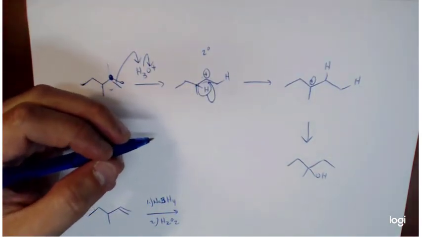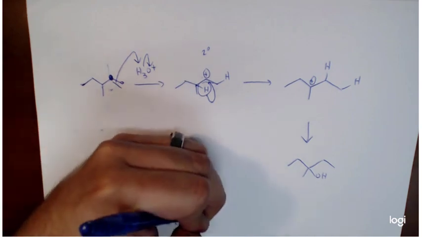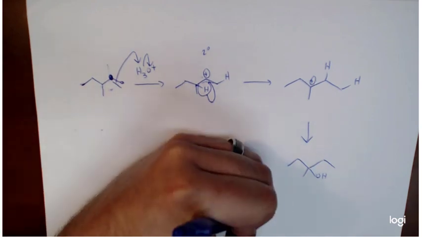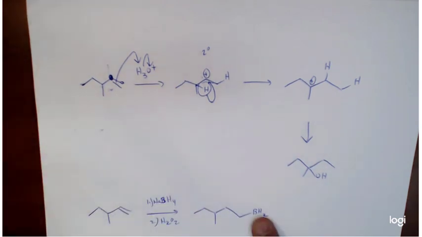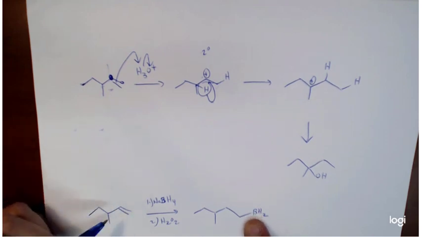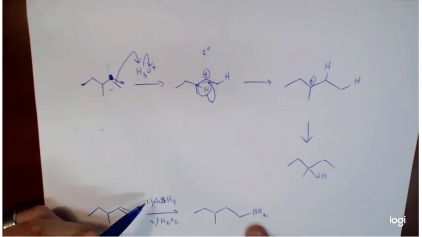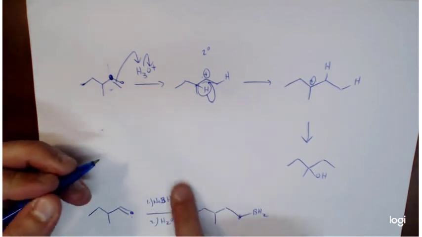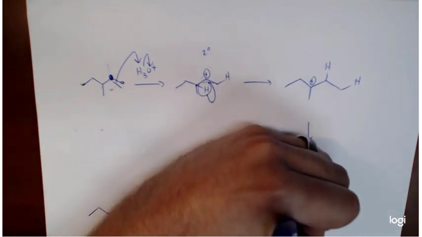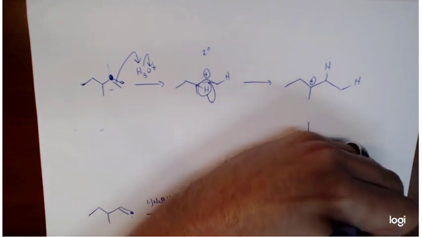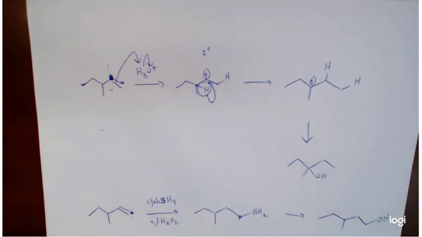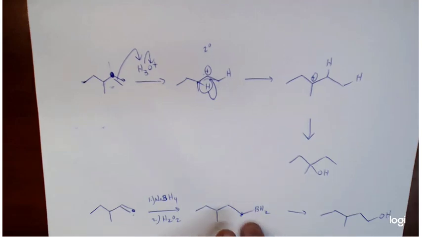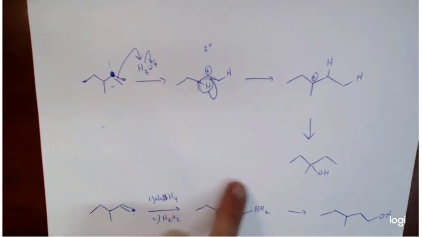I will see that my intermediate here would still give me my boron at my less substituted carbon, right there, and then by addition of my peroxide, I would get that. So the great thing about sodium borohydride is I don't have rearrangements because my intermediate is not a carbocation.